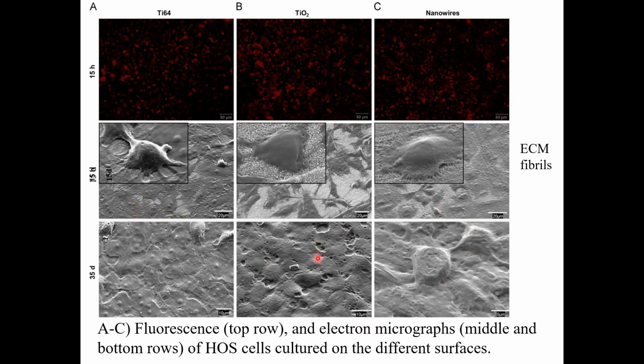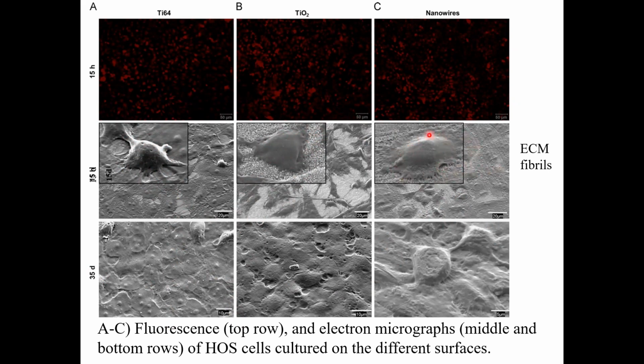Now, these are the SEM pictures of the 15-hour sample and the 35-day sample. And you can see that this is the control. So we see this HOS cell on top of the surface. And then this is the sample with the oxide coating. We still see that HOS cell on top.